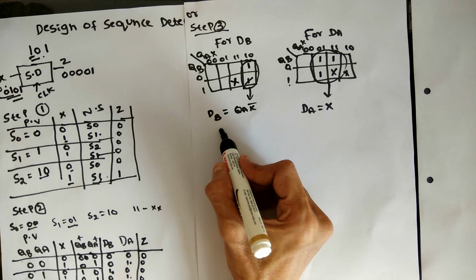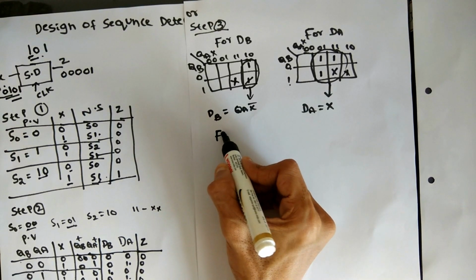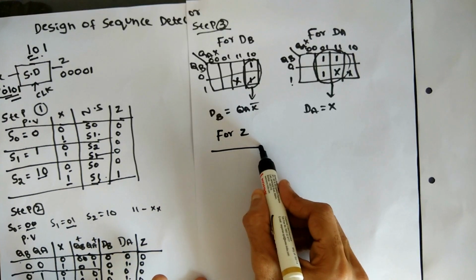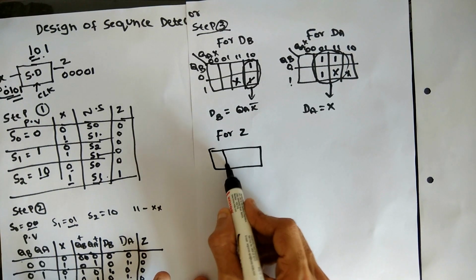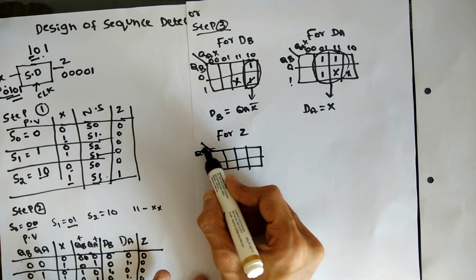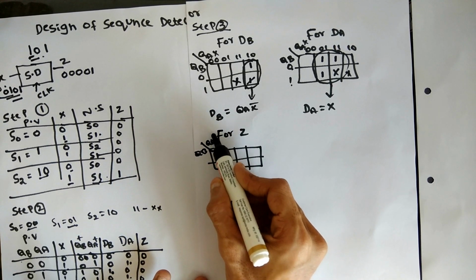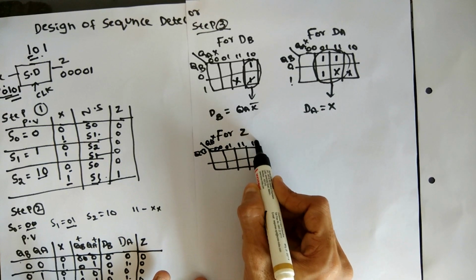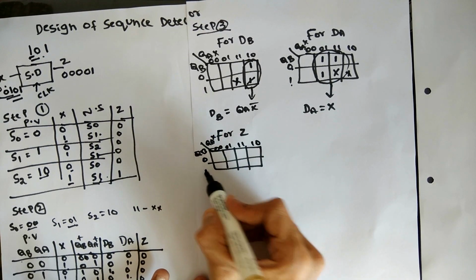If you go for Z, what will we get? Try the K-map, again the same way. Copy down QB and QA and X, 0 0 0 1 1 1 1 0, and here it is 0 1.